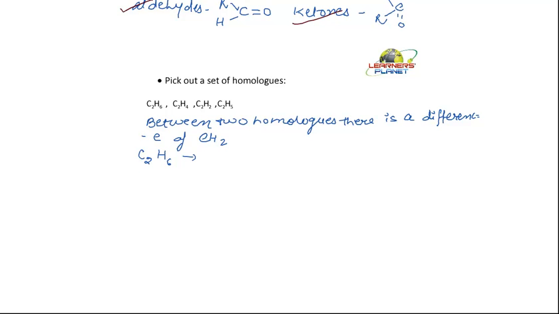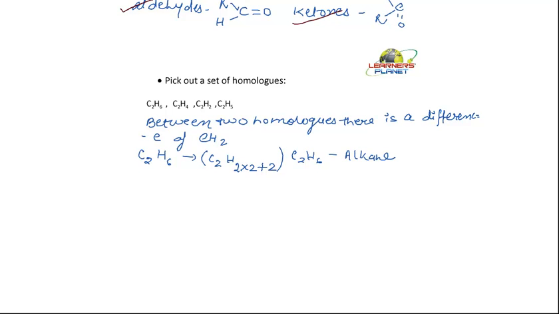Now from these molecules we need to identify C2H6. What is it? Is it an alkane or alkene or alkyne? Let's work out its general formula. This is C2H2n plus 2, that is 2 into 2 plus 2. So it is coming out to be C2H6. So this is an alkane.